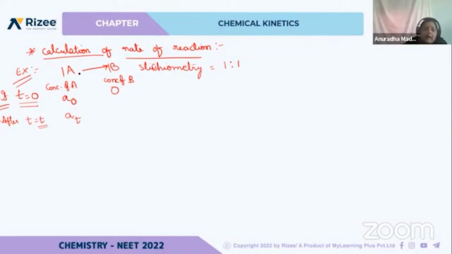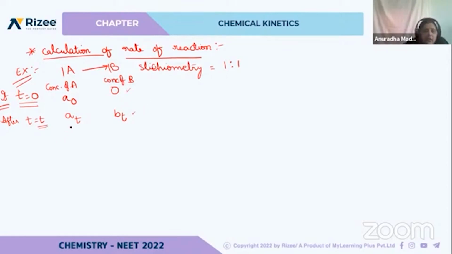After some time, let's consider the concentration of B as BT. Some concentration will be present, obviously, when compared to T equal to 0. After some time, the concentration of B will be present, but not 0. So that will be BT.